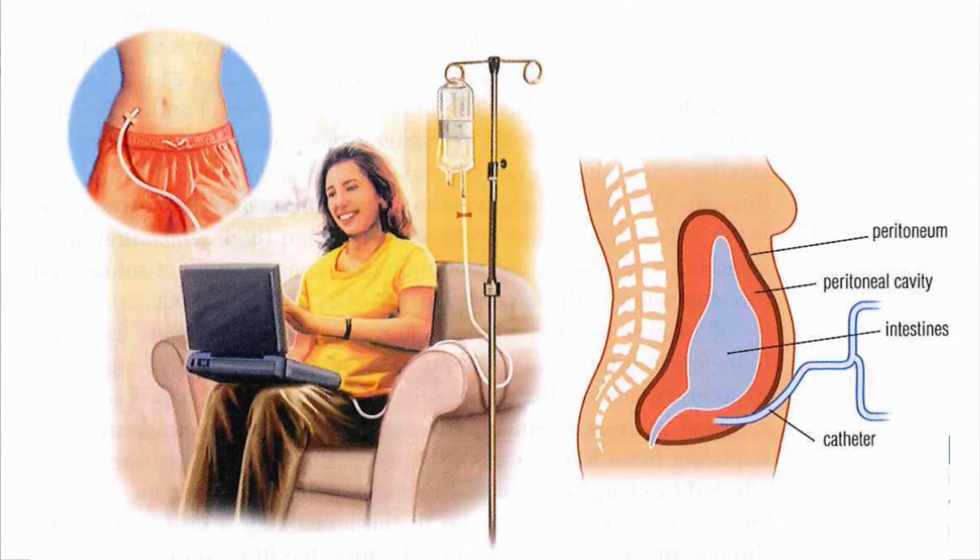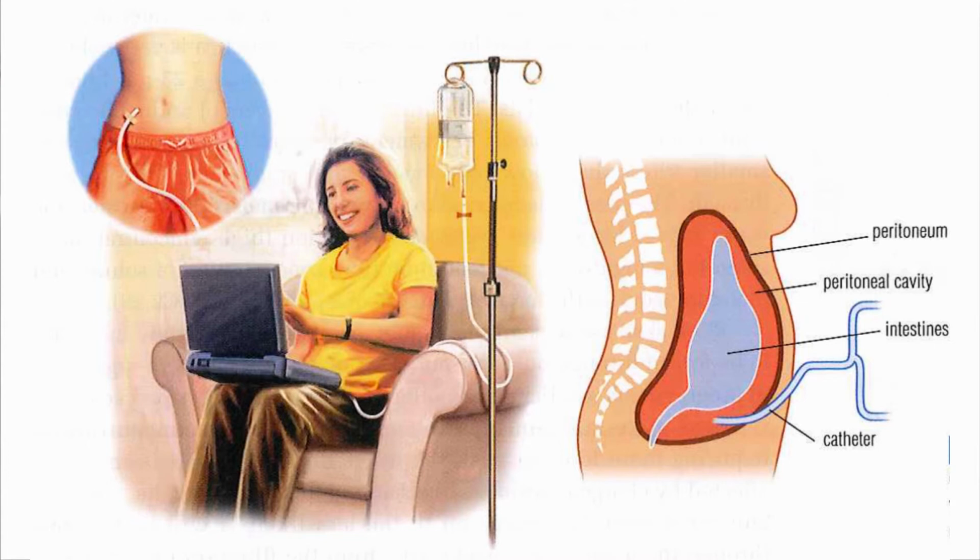During dialysis, waste products from the blood pass through these cells into a fluid, the dialysate fluid, and this is termed peritoneal dialysis. A really soft plastic tube, or a catheter, is surgically inserted into the abdominal cavity.